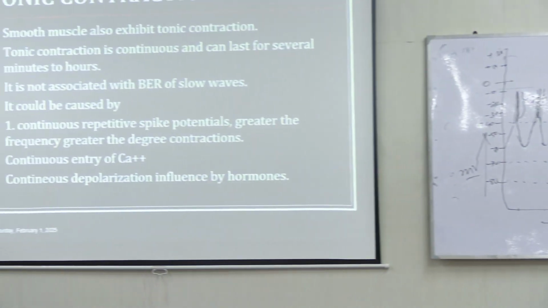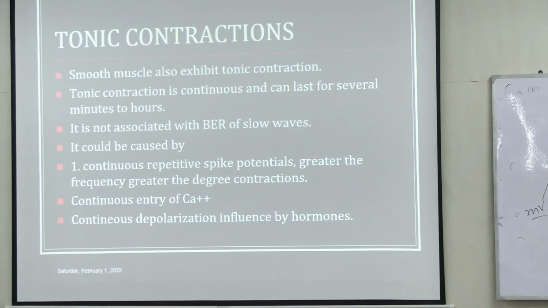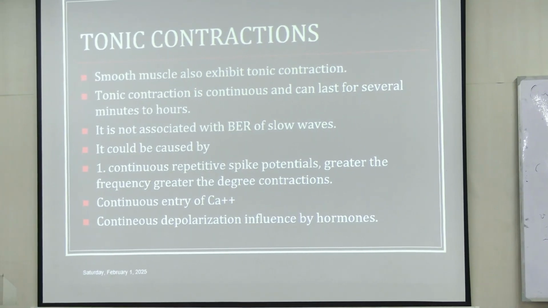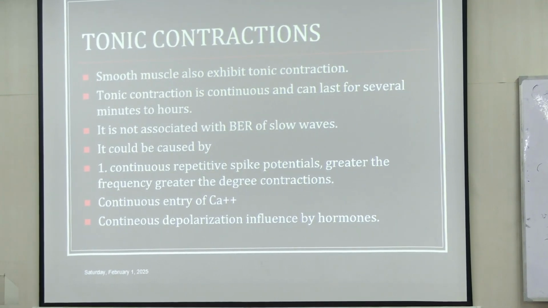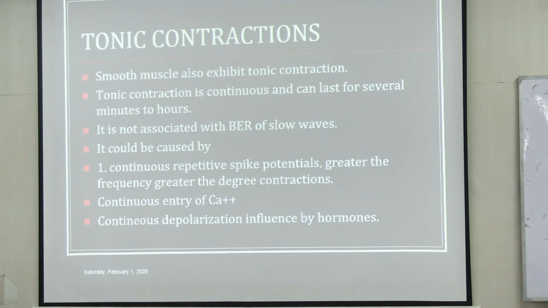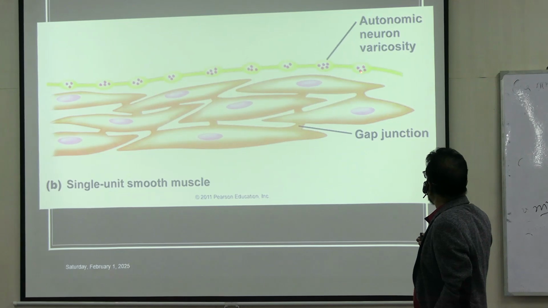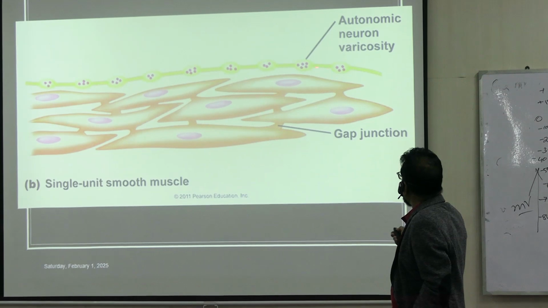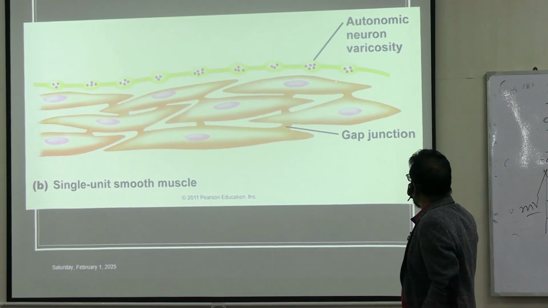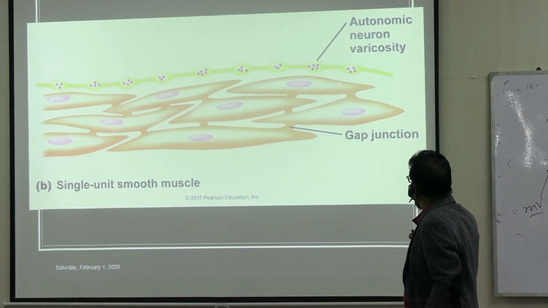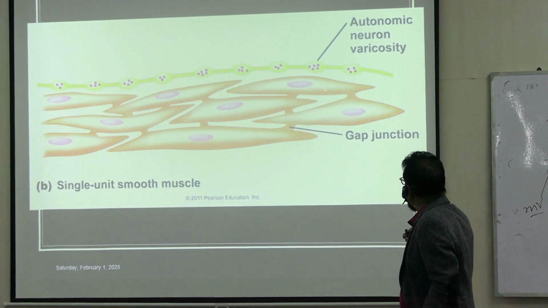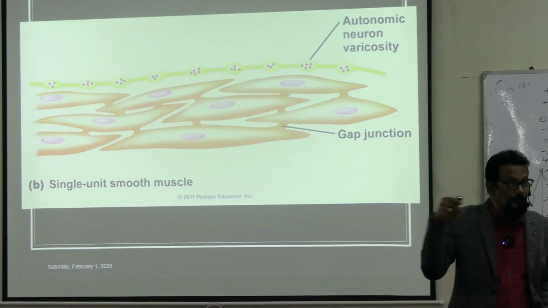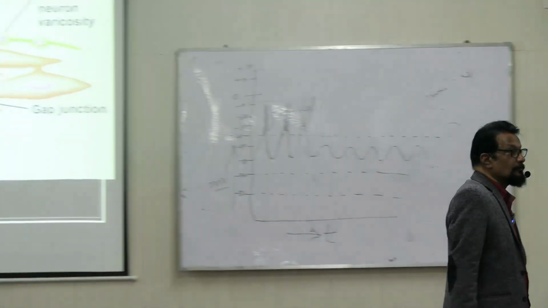Number two, continuous entry of calcium ion. So from this, what is the name of this? Varicosities contain acetylcholine. What is the name of these varicosities? They will liberate acetylcholine and it will cause liberation of calcium ion, there is one sac-like structure here. From this sac, calcium ion will be released. Continuous release of calcium ion will be there.